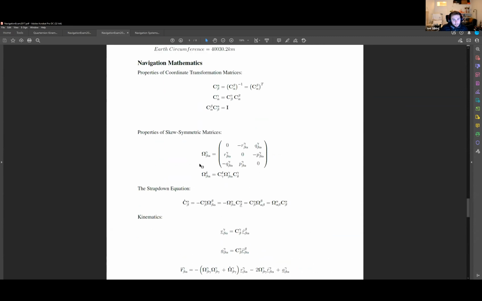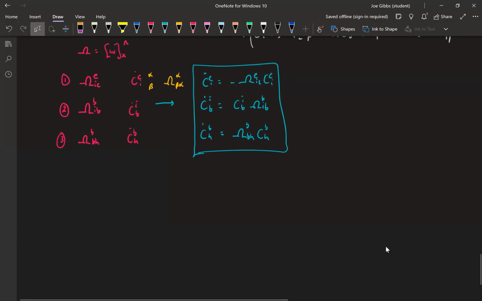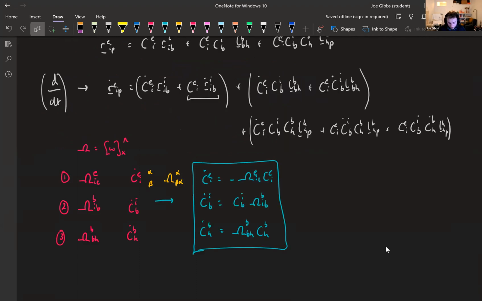Basically, when you do the derivation with respect to it, there's a proof in the book that's recommended for the course if you want to really torture yourselves. But basically, these are the 4 forms that pop out for different resolving frames when you do it. Okay. Again, so hard to see on the screen, but basically we're going to take our equation we had before with our C dots and sub in what we just got using our angular rates and the strap down equation.